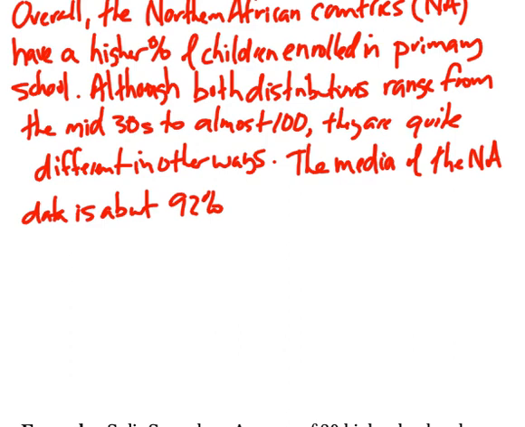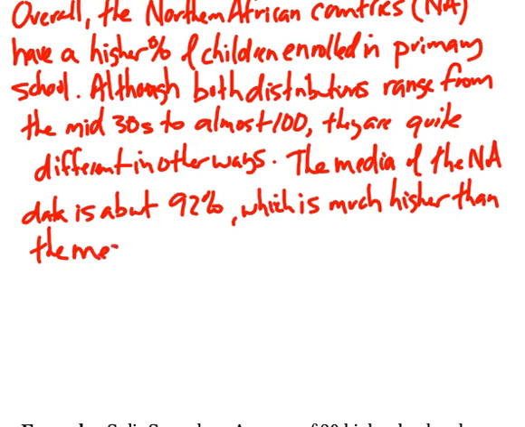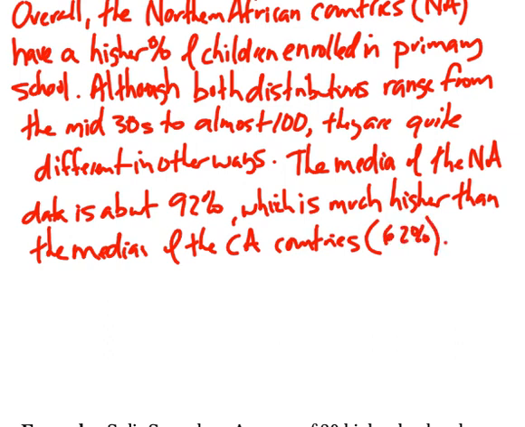So the median of the Northern African countries is about 92%, which is higher, actually much higher, than the median of these Central African countries, which was 62%. So that's our center. We made a comparison about the center of the data.